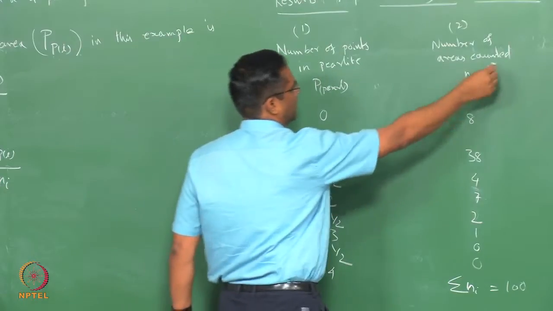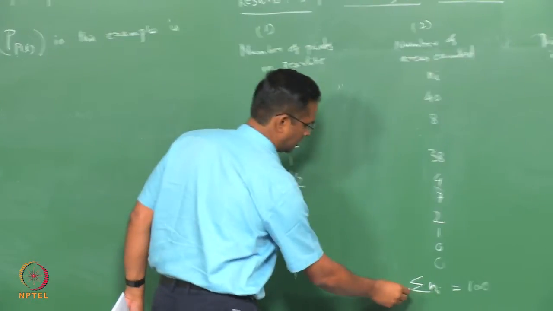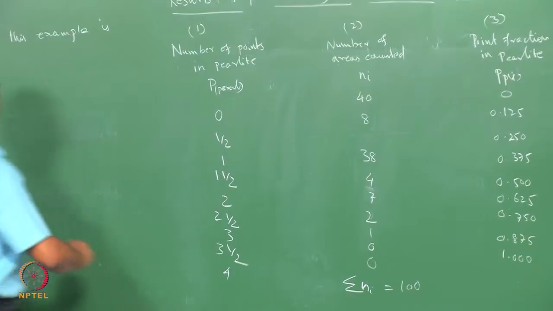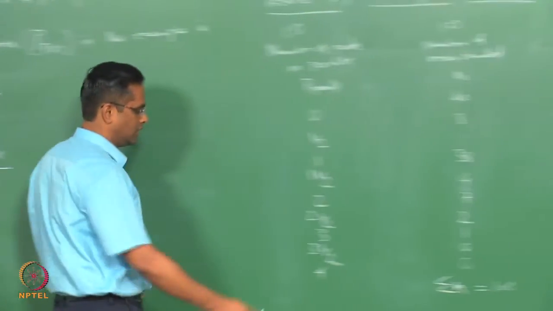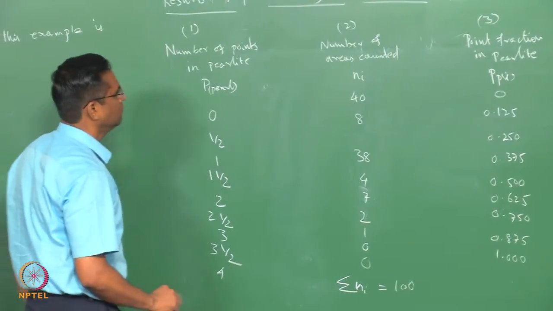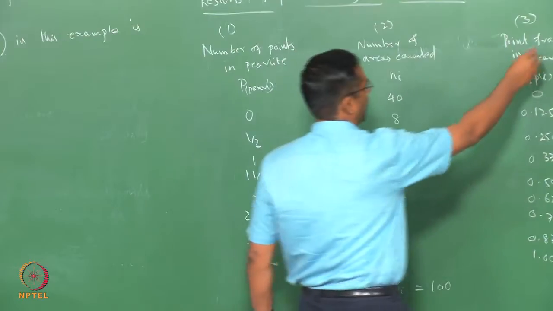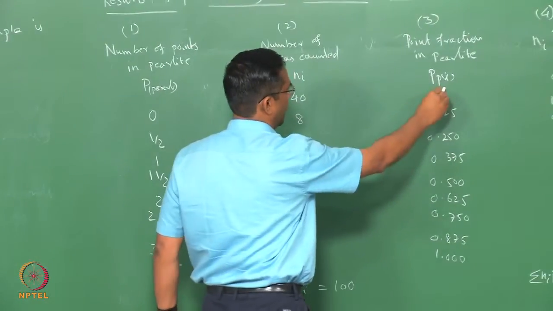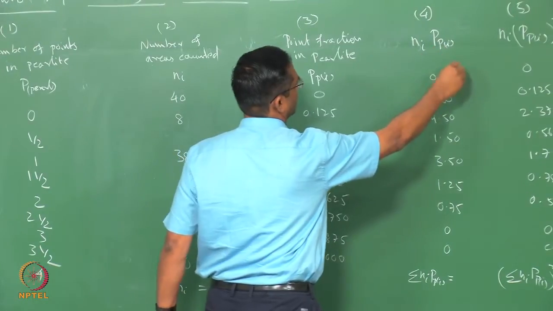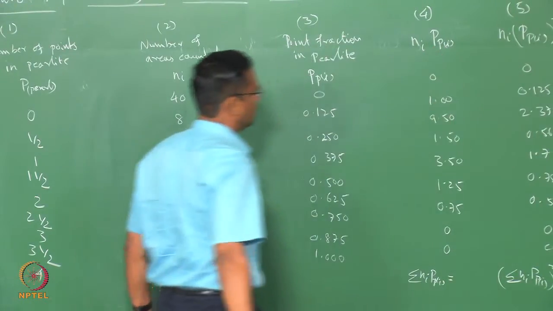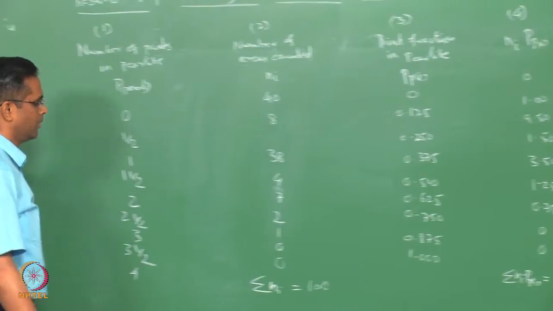This is the number of areas counted, which is 100, because I said 100 different positions the graticule is moved. So, sigma Ni is equal to 100, and the point fraction in pearlite PPi, and n times PPi, and then n times the square of PPi.